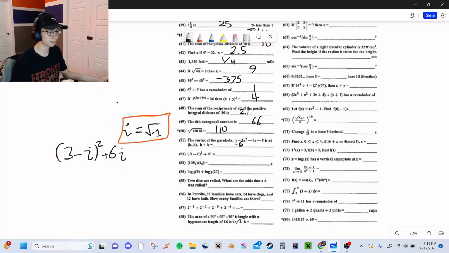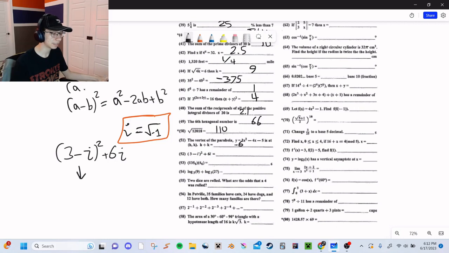Okay, so let's expand this. Remember, when we expand, a minus b squared is always a squared minus 2ab plus b squared for any two numbers a and b. And if I had a plus b squared, that'd be a squared plus 2ab plus b squared. Always.